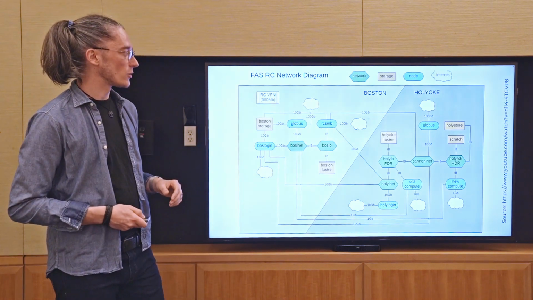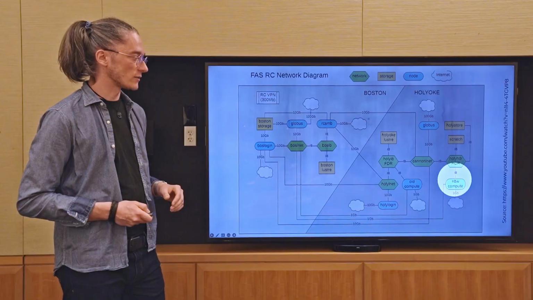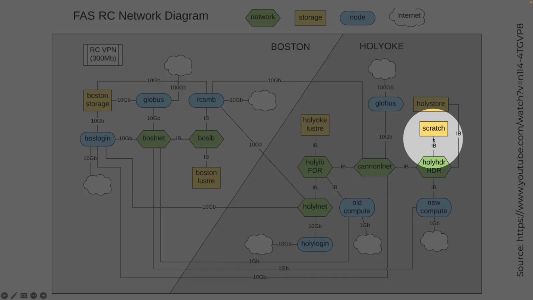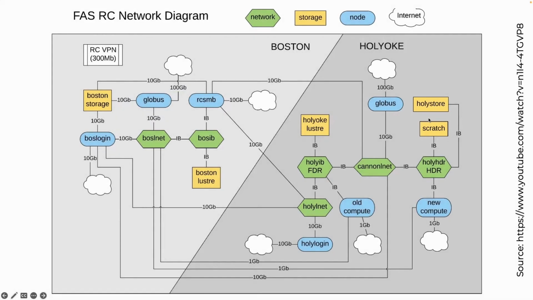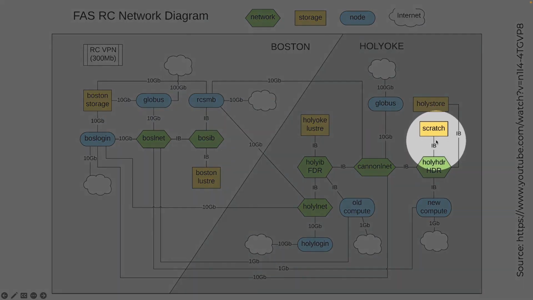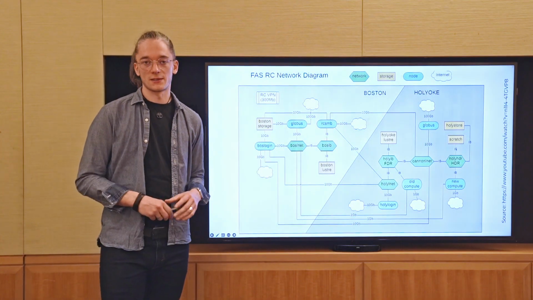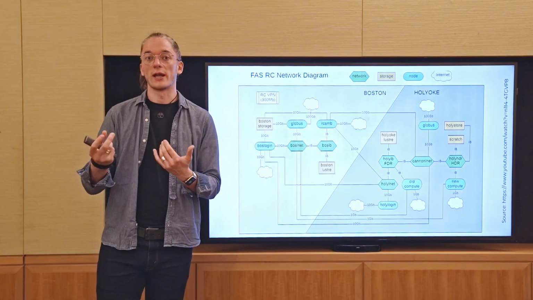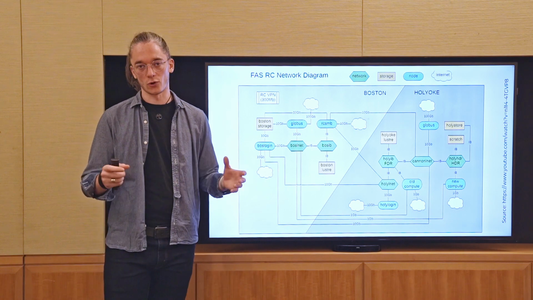So instead, if you want to execute something here, you want to make sure that your data is stored here on the Holy Store or the Scratch sites, because they are then connected with InfiniBand, which is the industry's fastest way to connect two different networks or computer systems.